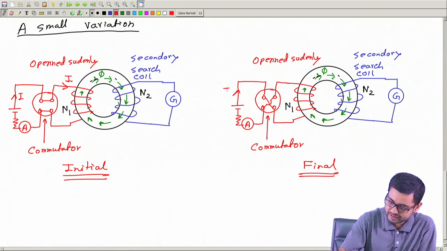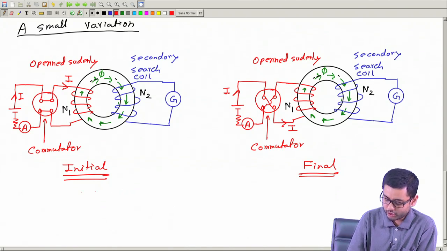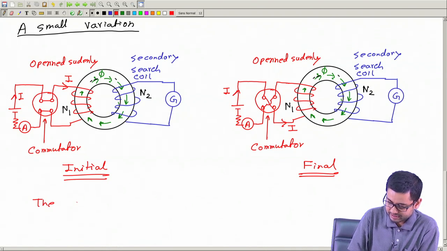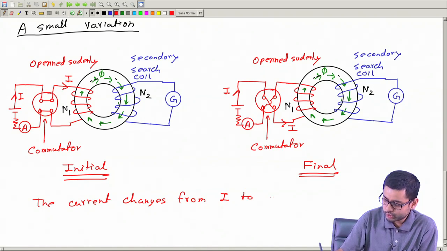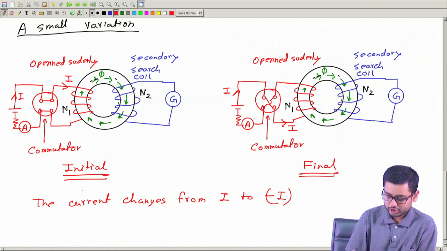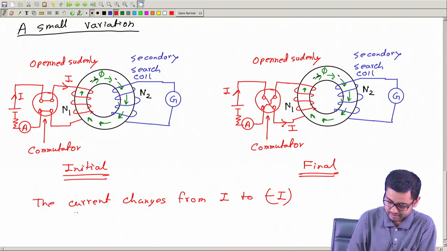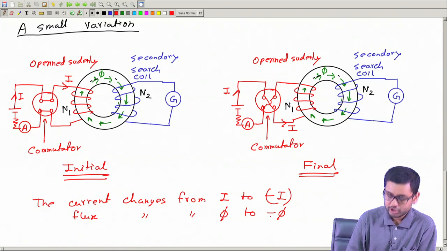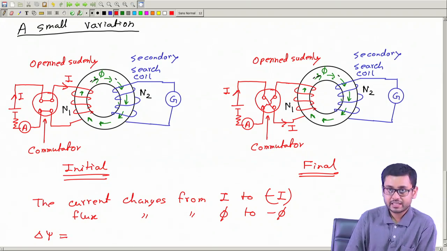Then this current I will now flow in the opposite direction. So, the current changes from I to minus I, so the total change is double. Flux will also change from phi to minus phi. So, the change in flux linkage dψ will be double.